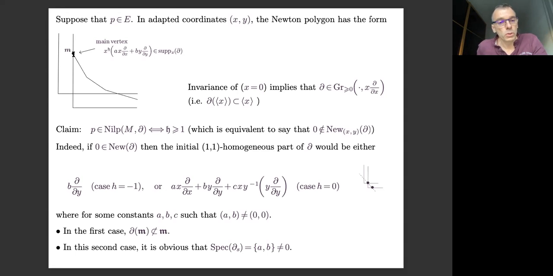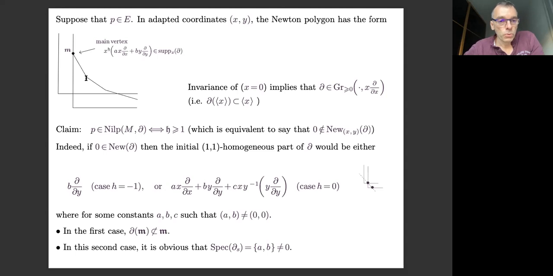once we suppose that you have an important point which lies on the divisor, you have this main vertex, which in some sense will provide you the invariant for the resolution, because the idea is to decrease the height of this main vertex by blowing up with a weight which is determined by the slope of this edge, which is adjacent to the main vertex, right?